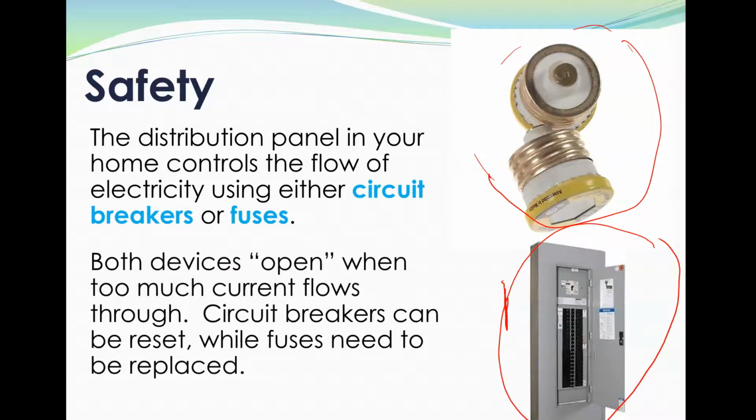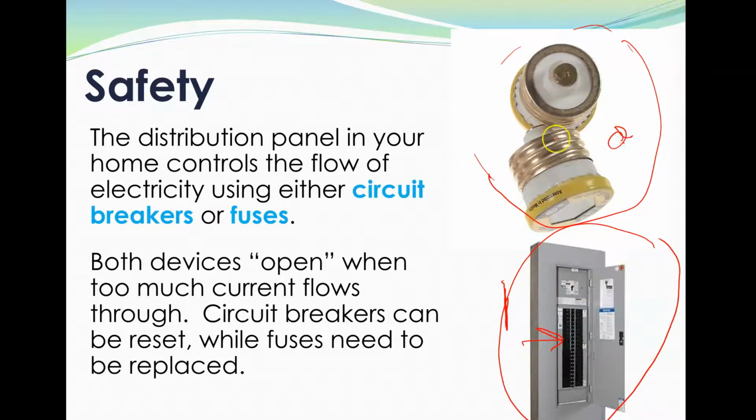So both devices open when too much current flows through. Circuit breakers can be reset by basically just pushing a button or a lever to the opposite side, okay? And these are the old fuses.